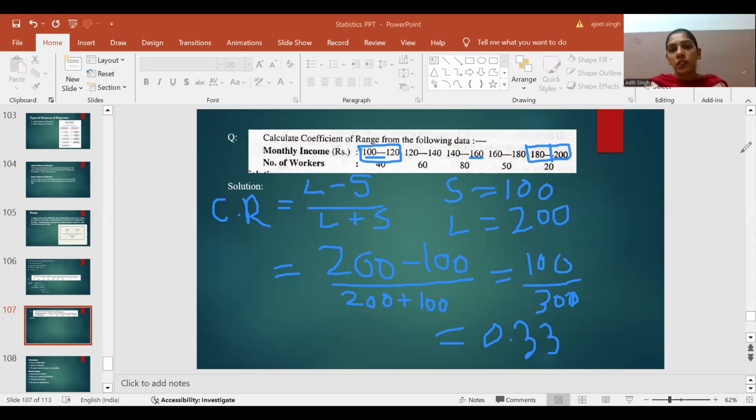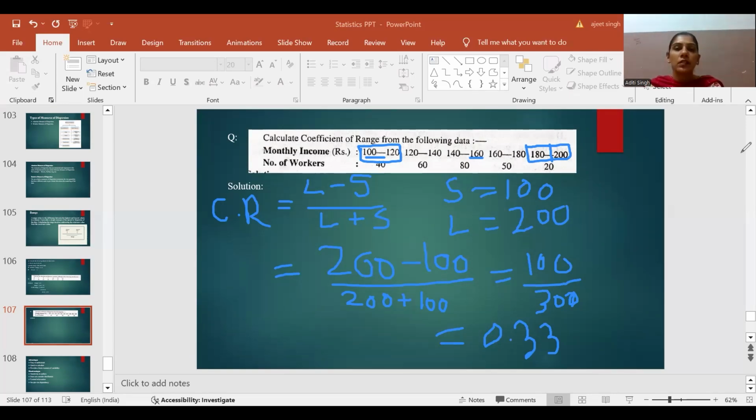So after understanding the numerical of range, let's understand the application of range and its advantages and disadvantages. Basically, range is applicable in various fields like mathematics, science, economics, and social science.